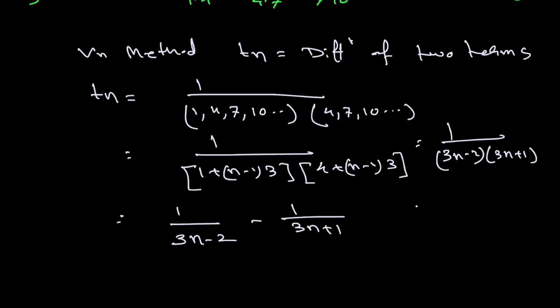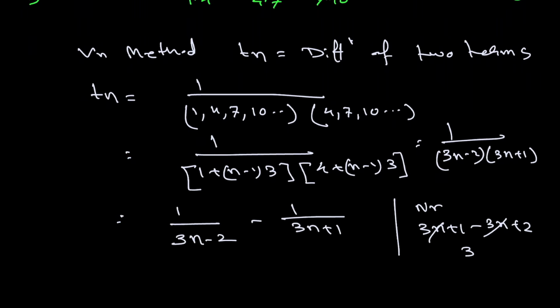Now the denominator is coming like this. So what is the numerator coming? Let's see whether it matches the original. The numerator is 3n plus 1 minus 3n plus 2, which gives 3. But there is no 3 here, it is 1, so this step is not under an equality sign.